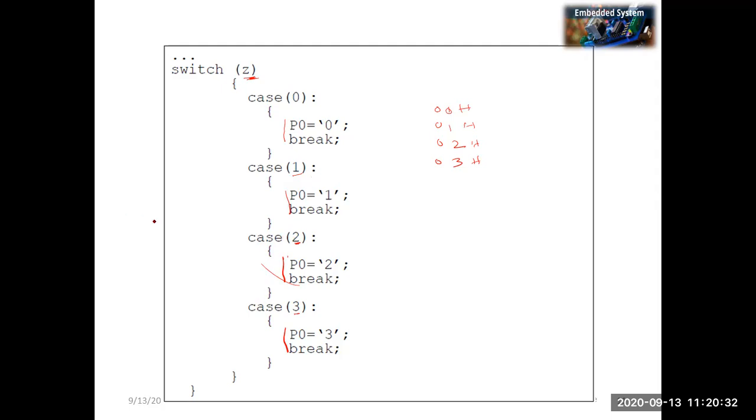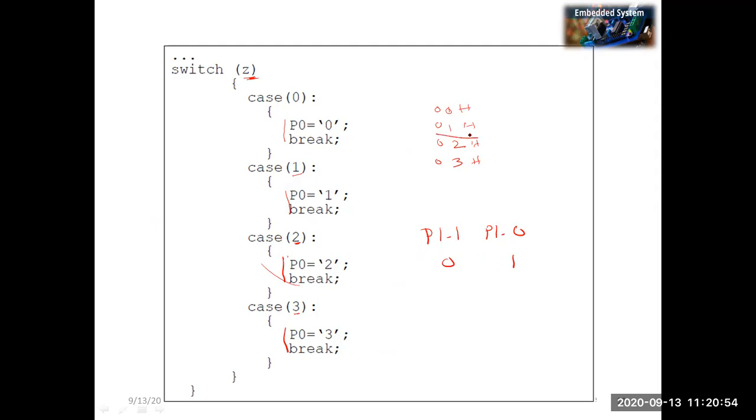Now suppose p1.1 and p1.0, these two bits, are 0 1. Then what will be the value in Z?